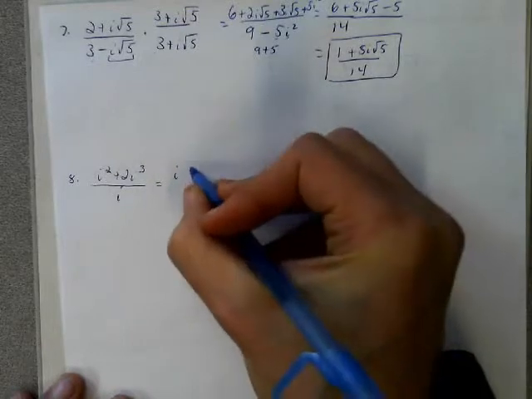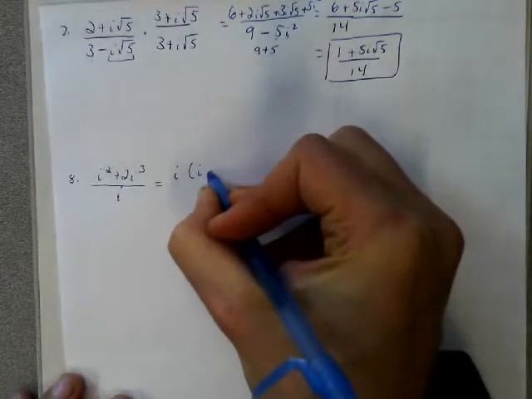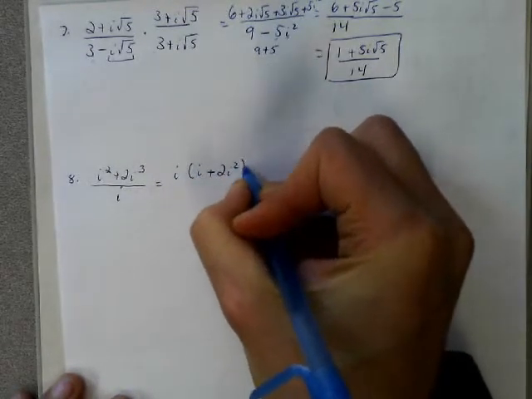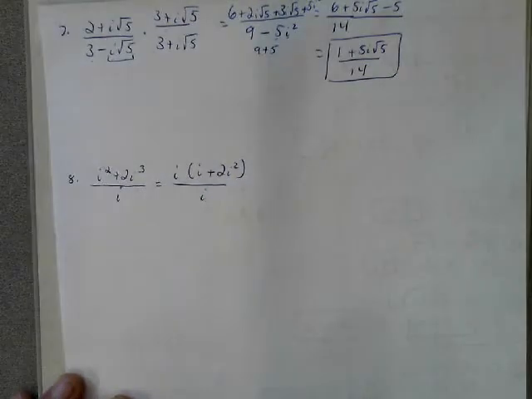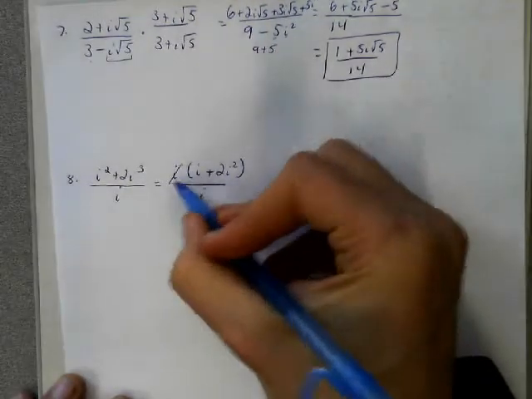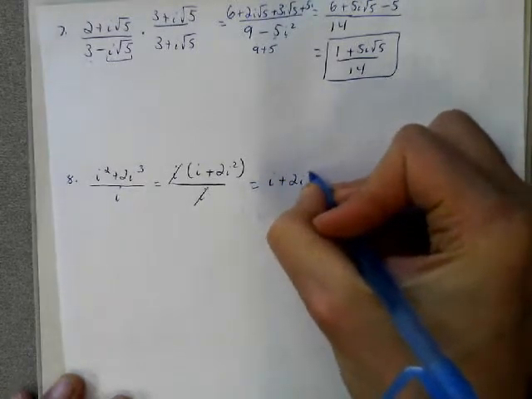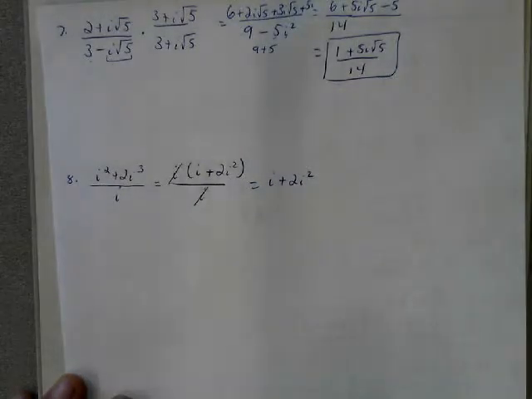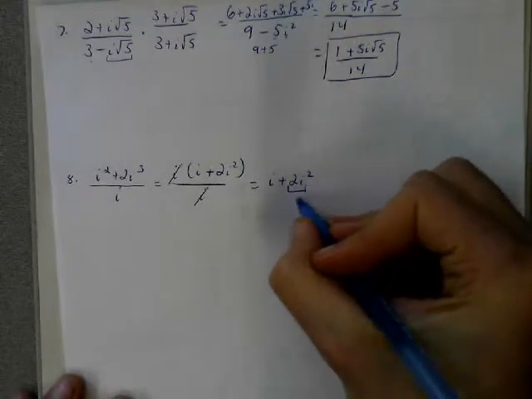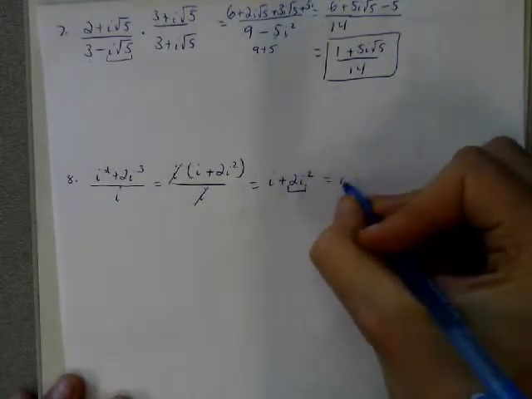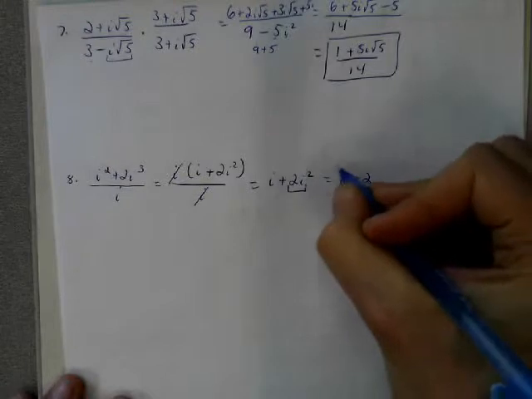Therefore, if I factor out an i, I'm left with i plus 2i squared all over i. These i's then cancel, and we're left with i plus 2i squared. Therefore, this can be converted to a negative 1, so it becomes i minus 2.